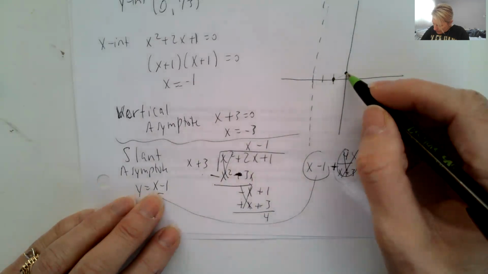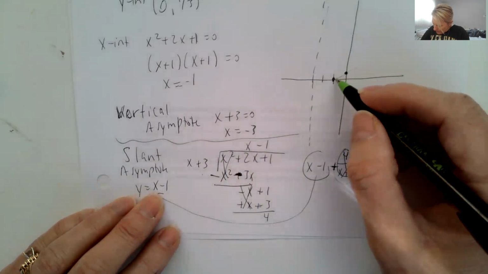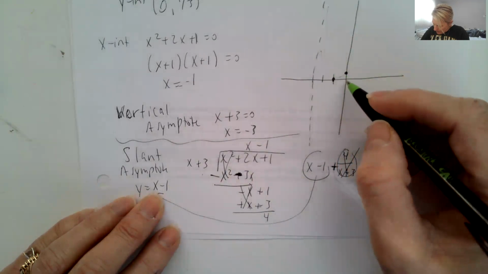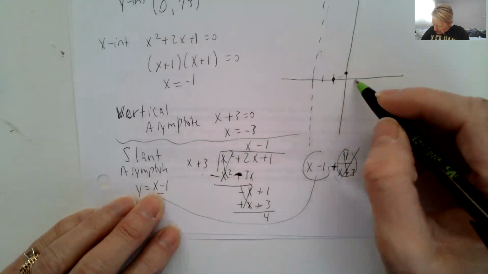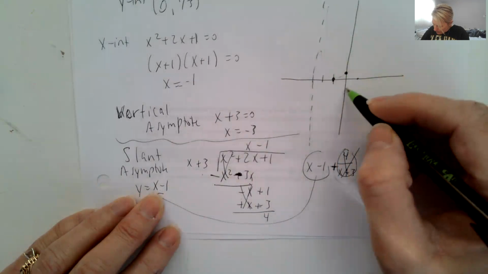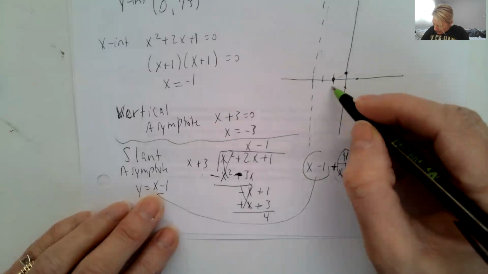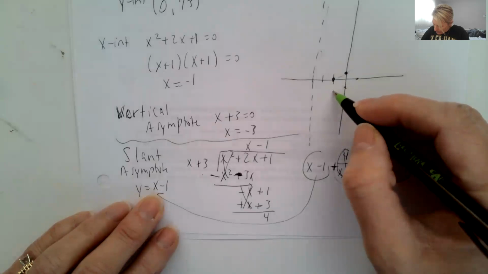At 1, we're going to be at 0. At 0, we're at -1. At -1, we're at -2.